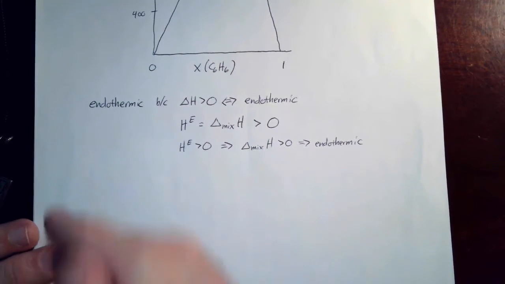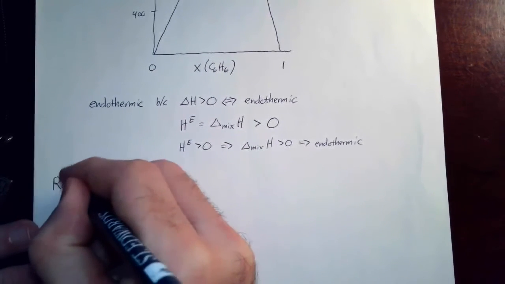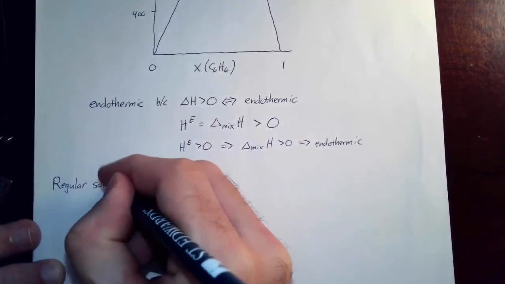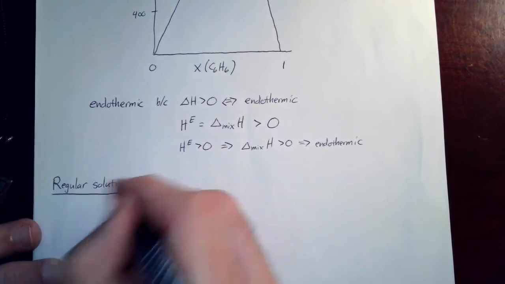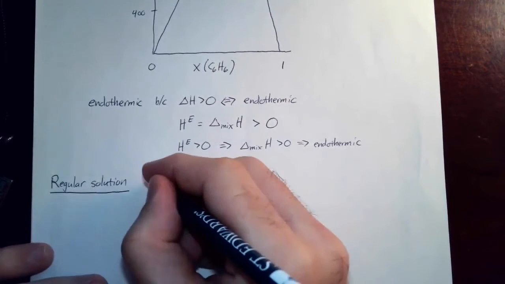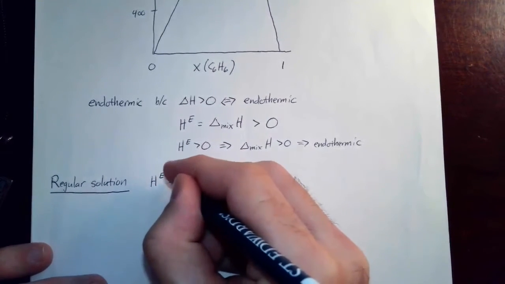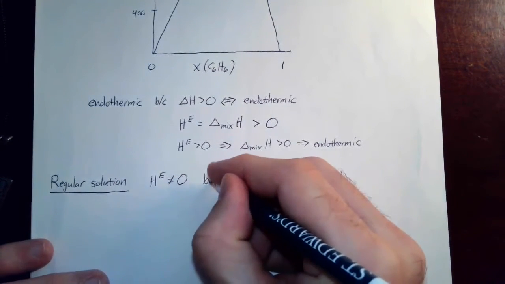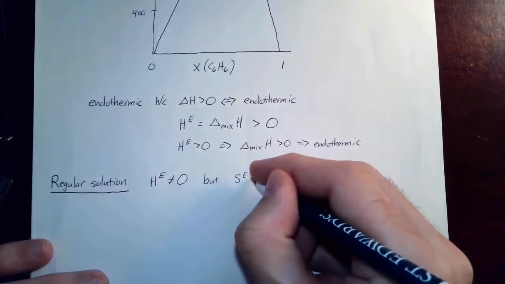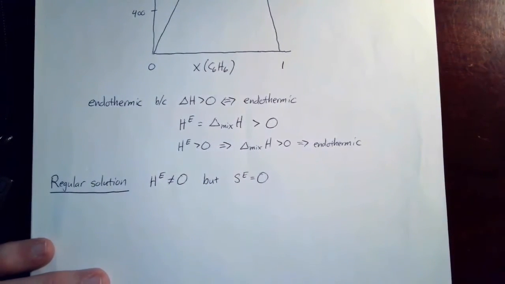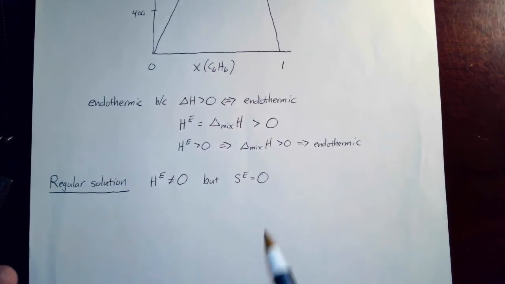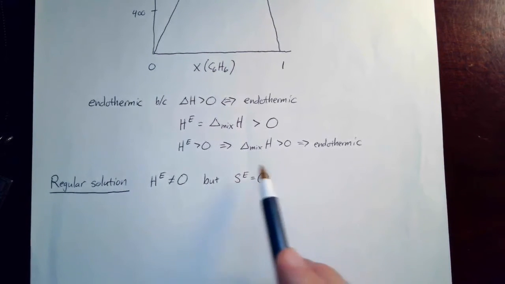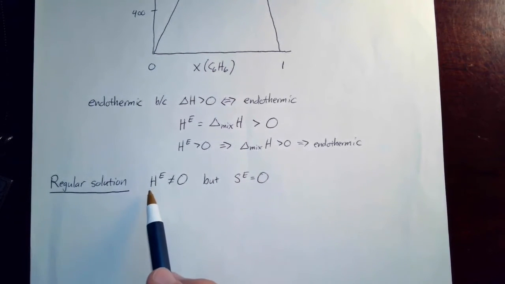Next, I want to define a regular solution, which is a special case of a non-ideal solution. A regular solution is one in which H^E is not 0, because it's not ideal, but the excess entropy is 0. So it behaves partially ideally. It mixes in the same way, but the enthalpy is not 0.